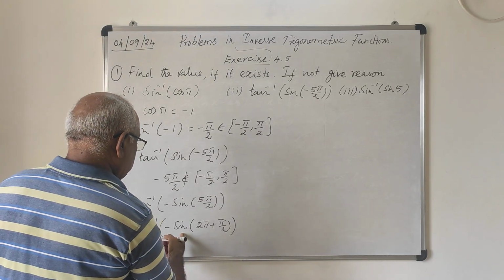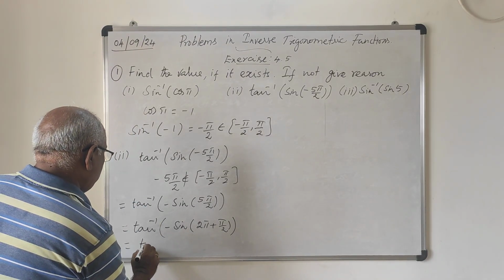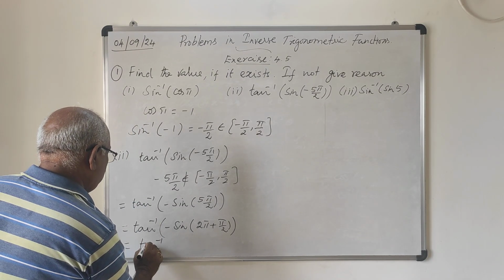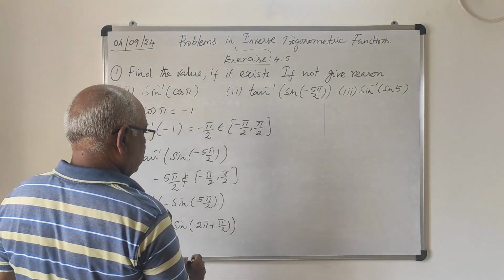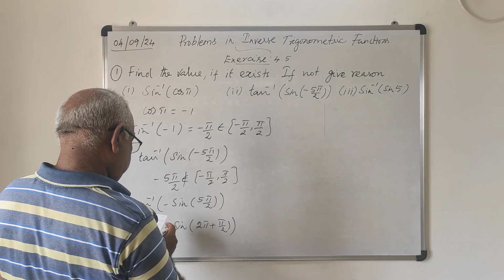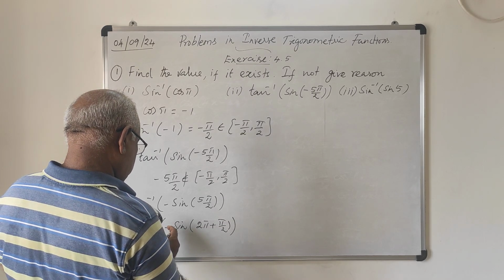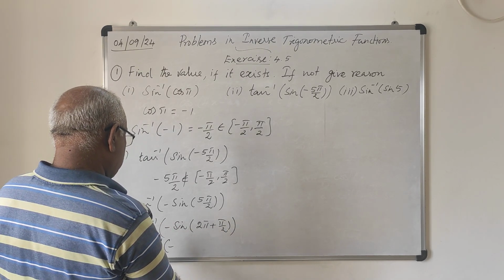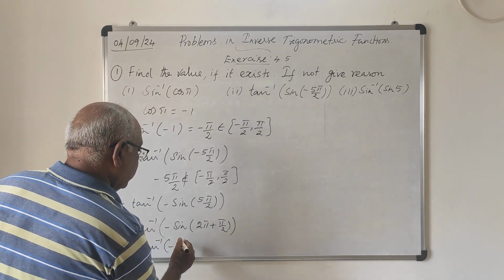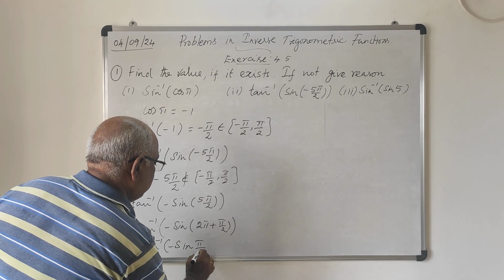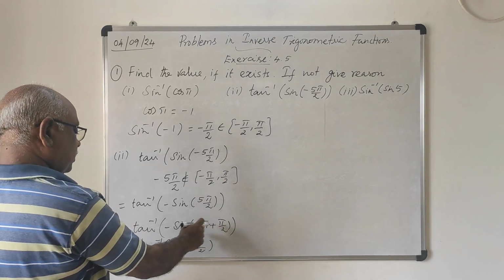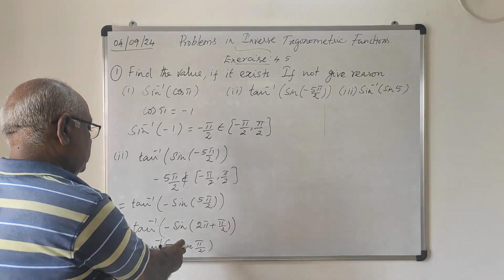Therefore, this is equal to tan inverse of minus sin 5 pi by 2, which is tan inverse of minus sin pi by 2. 2 pi plus, first quadrant. Sin 90 is 1.